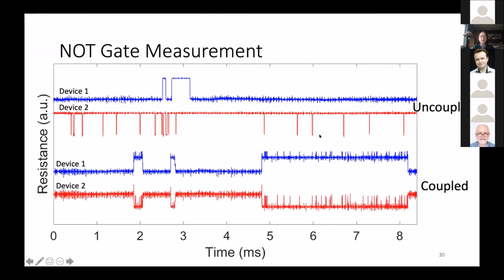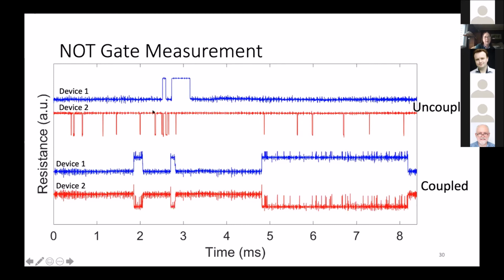And so here is some data that we've got for two devices. In blue is the first device, and in red, the second device. On top, they're free running. They're not coupled to each other. We see the blue device is in a situation that favors the parallel state.